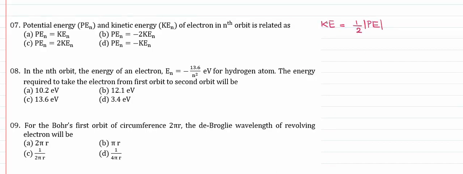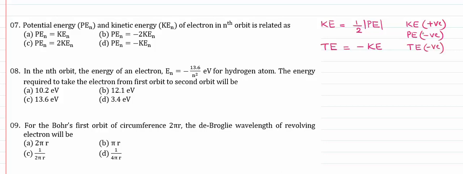Kinetic energy will be positive, potential energy will be negative. Total energy will be minus of kinetic energy, so total energy will also be negative.